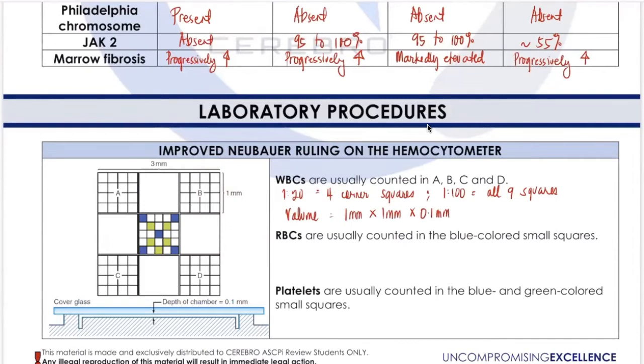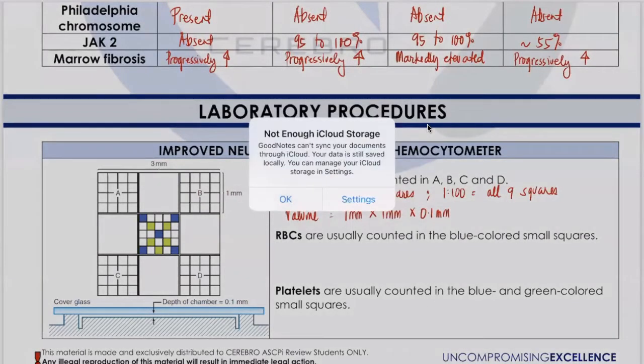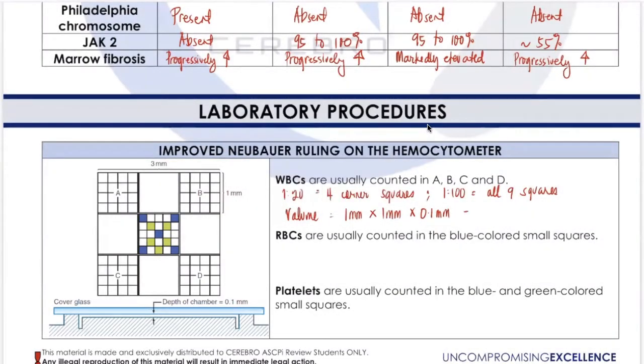Okay, so the 0.1 mm, that is the standard depth of our hemocytometer. So that makes one square 0.1 mm cubed, or 0.1 microliters in volume.